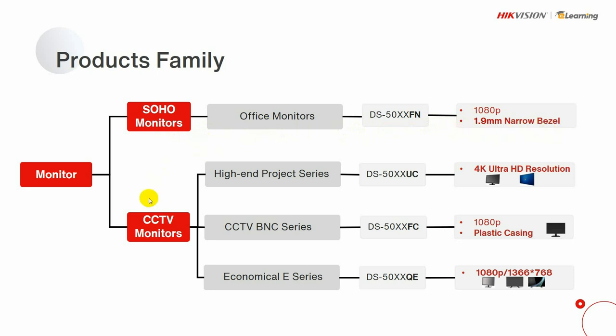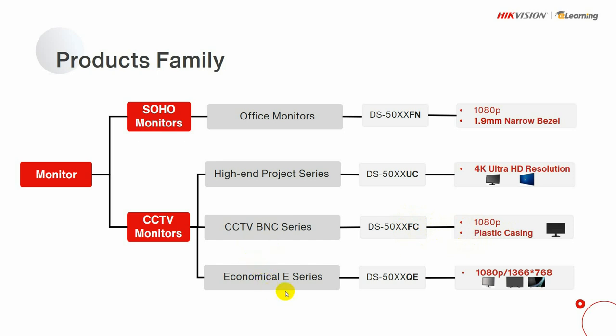And then in the CCTV monitors, we will first have the high-end project series, and then the CCTV B and C series, all right, and then the economical E series. In the high-end project series, we have the UC series, which has 4K Ultra HD resolution. And for the B and C series, we have the FC series, which has 1080p resolution and plastic casing.